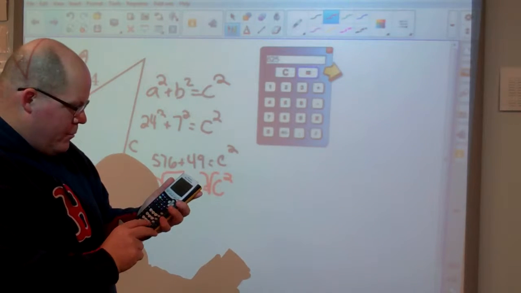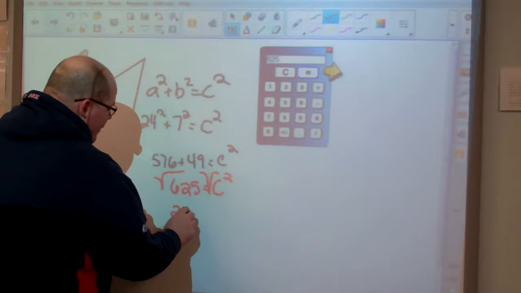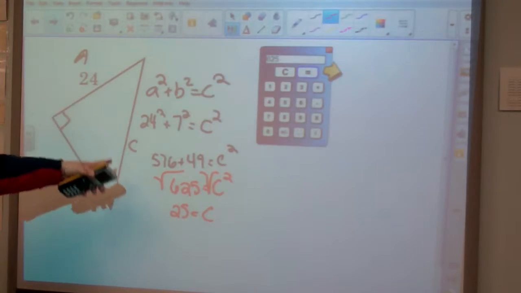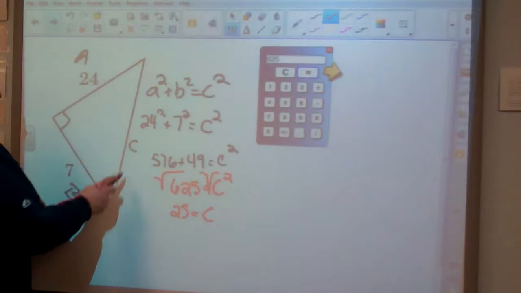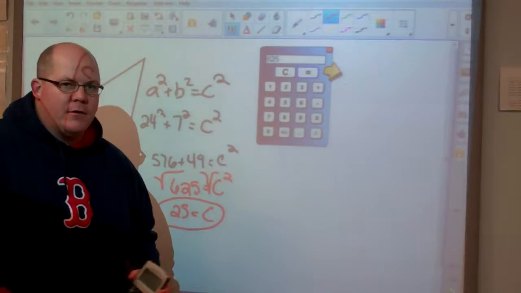Then hit equals, and you're going to get 25 equals c. So c, the length of this hypotenuse, is 25. We're using a squared plus b squared equals c squared.